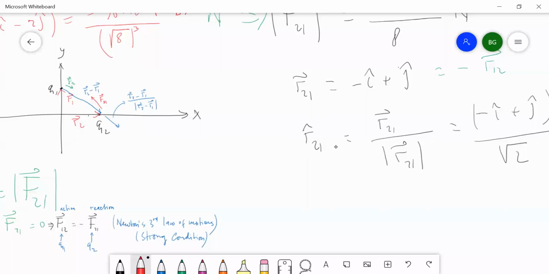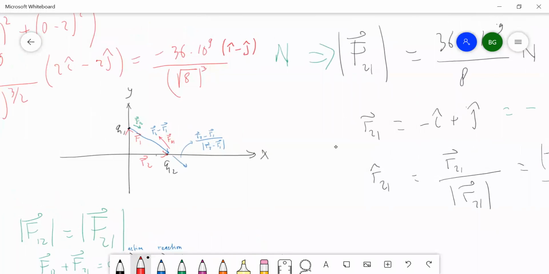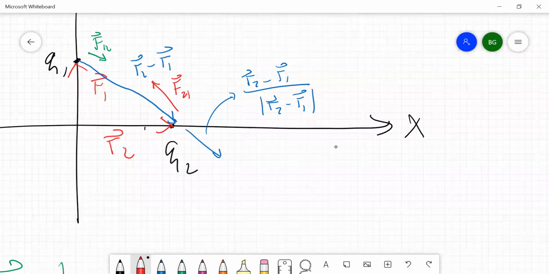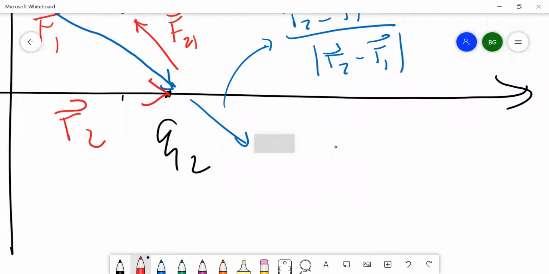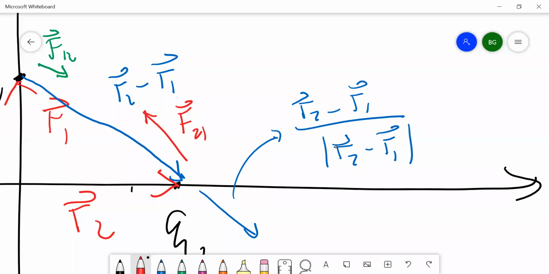What is R21? The direction of R21 is this one.